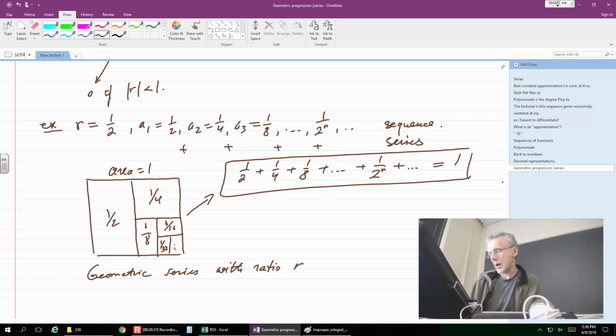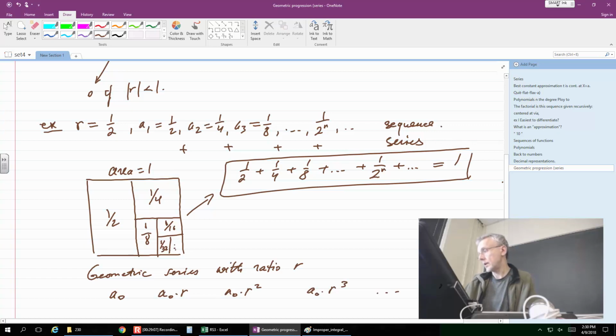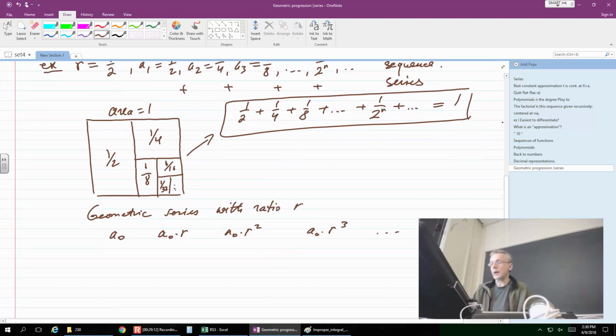So here is how it goes: a naught, a naught times r, a naught times r squared, a naught times r cubed, and on, a naught r^n. That is my sequence. Now I put pluses between them, like this, and that makes it a series. Without the pluses, it's just a sequence.